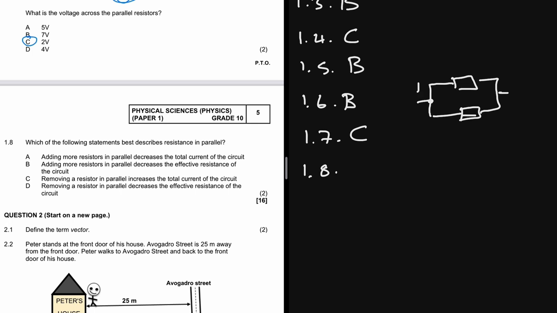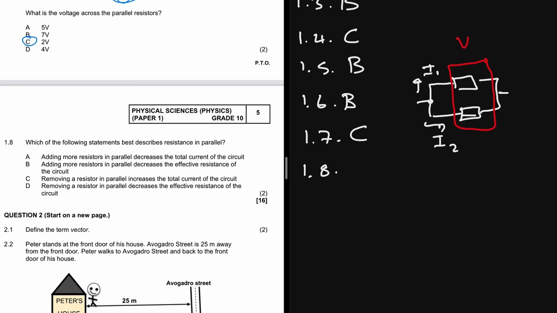The current is going to split. Sometimes they might not have the same current if they're not the same resistance. But we also know that if they're in parallel, they have what? They have the same voltage. So the voltage is the same. They have one voltage, which is the same for both of them. So now we must look for a statement that actually describes the resistances that are in parallel.